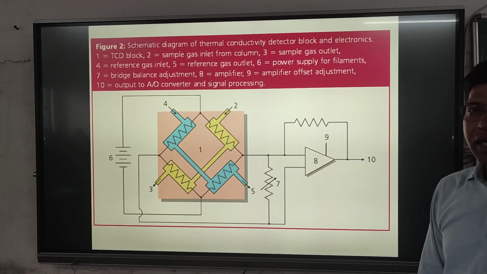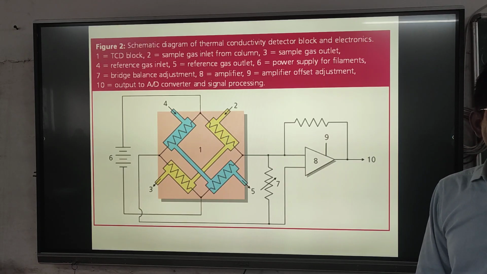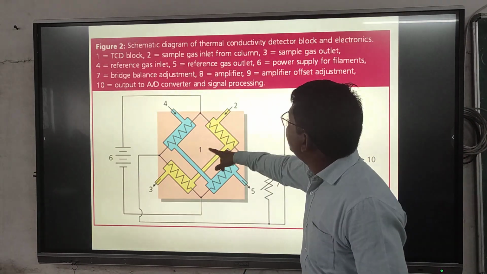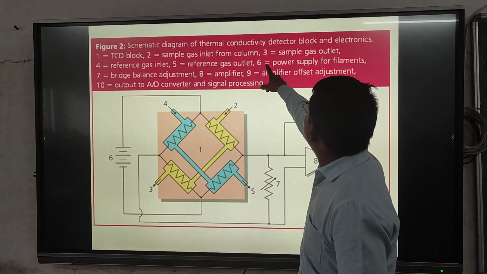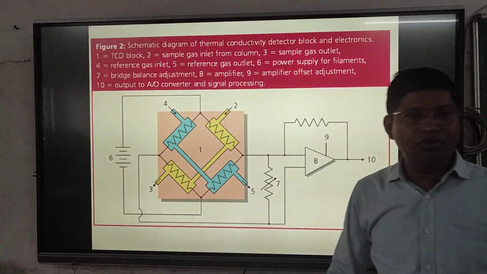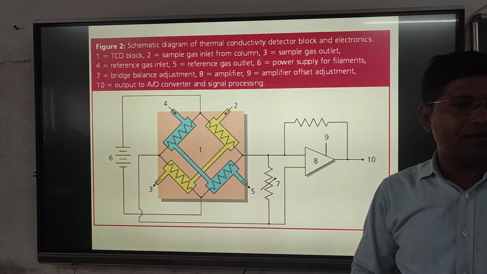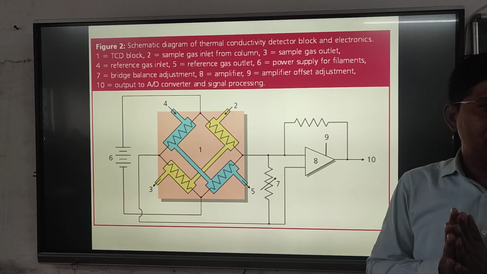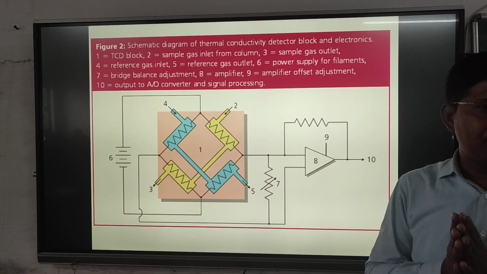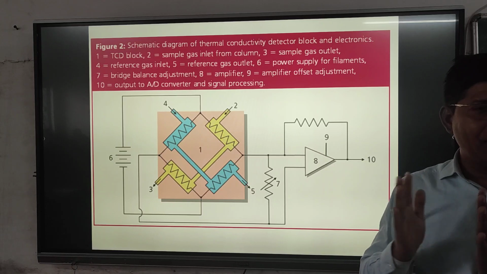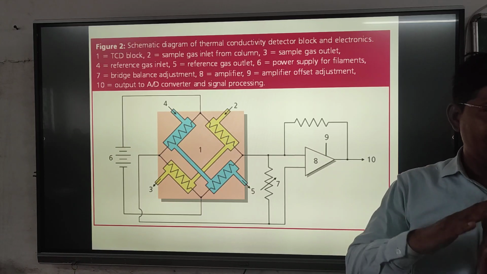So here, thermal conductivity. Suppose this one, 2 and 3, is the sample gas inlet, and here we have a reference. Do you know what the use of a reference is? If you want to determine the concentration of your sample, in any spectroscopic technique, we have a sample and a reference.